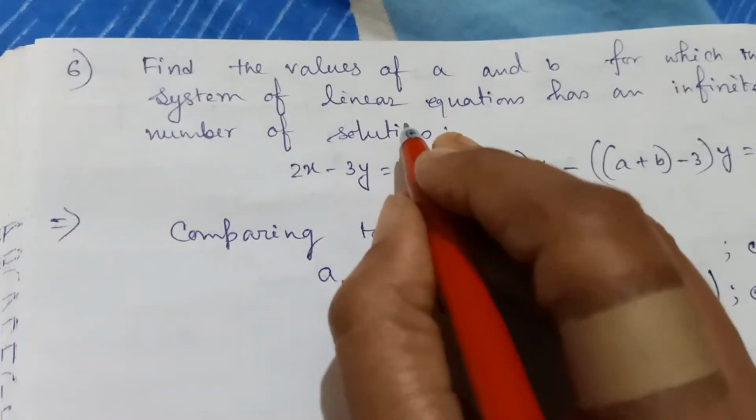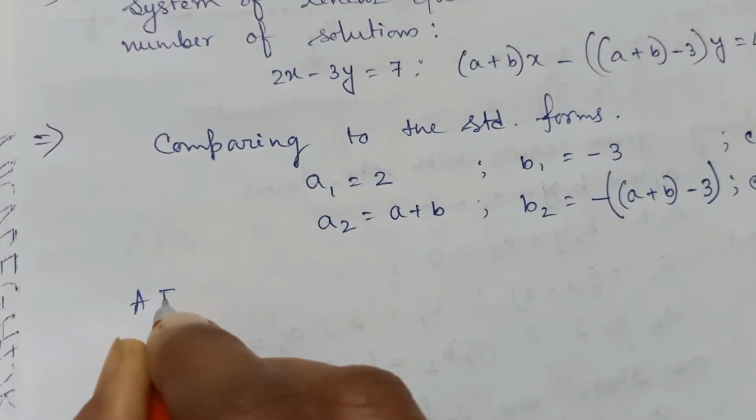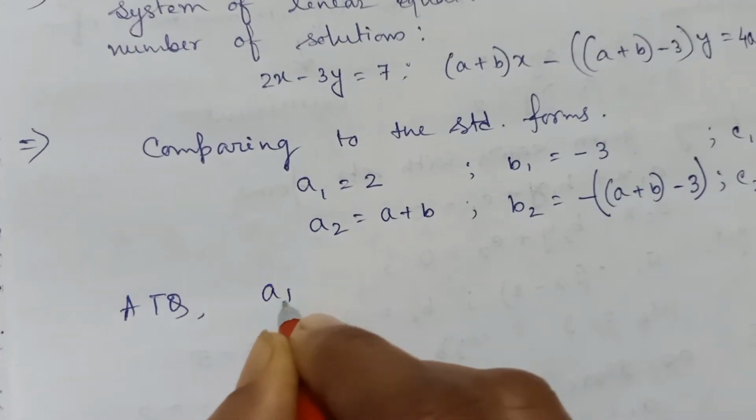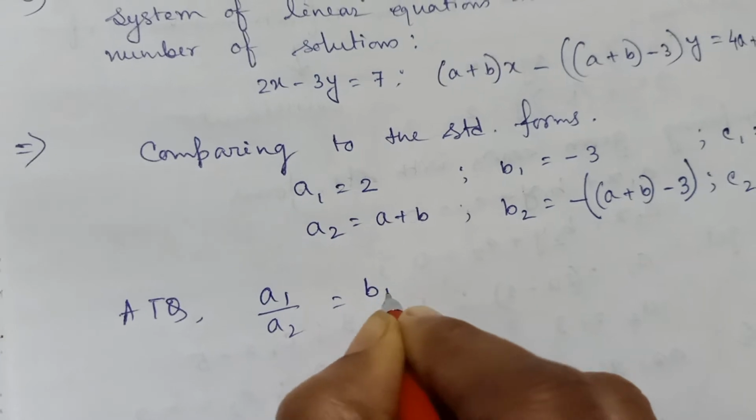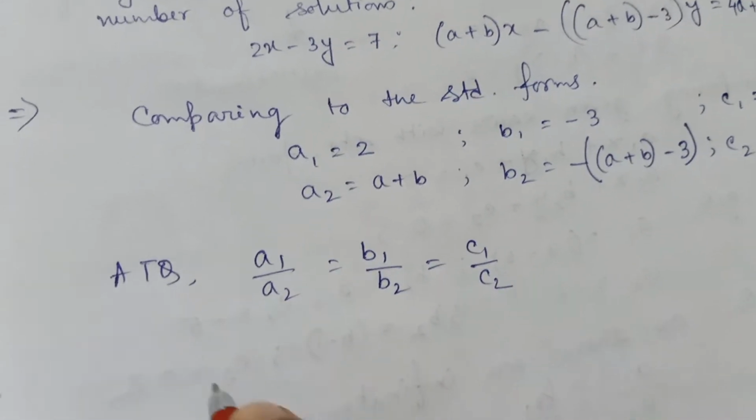Now according to the question, again infinite number of solutions. That means we know a1 by a2 equals b1 by b2 equals c1 by c2.